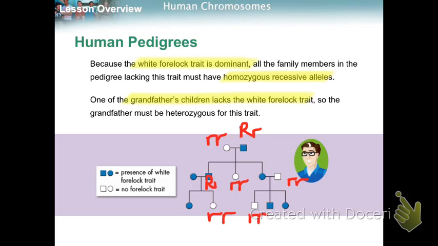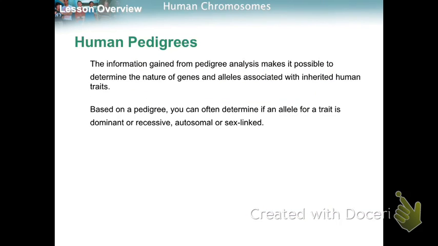And then the affected son and daughter also have to be heterozygous because of their mother's genotype. The information gained from pedigrees makes it possible to track how something's being inherited, dominant or recessive, autosomal or sex-linked, and determine the nature of genes and alleles associated with inherited or human traits.